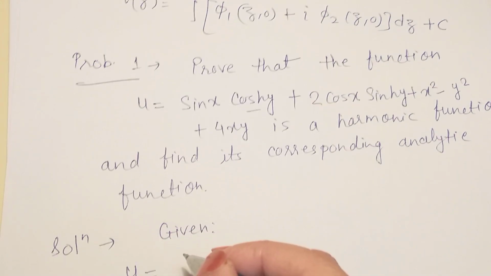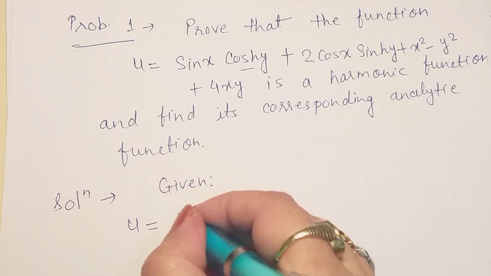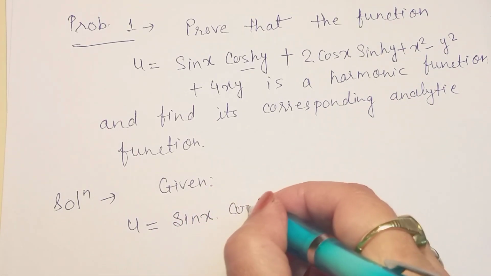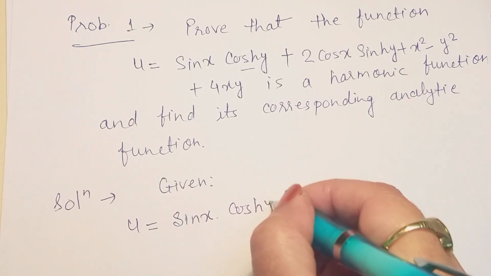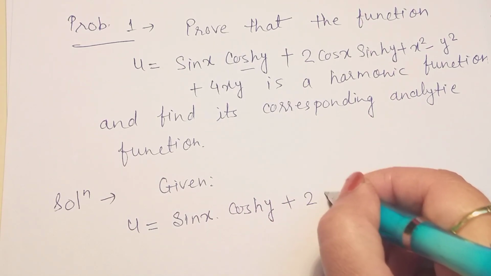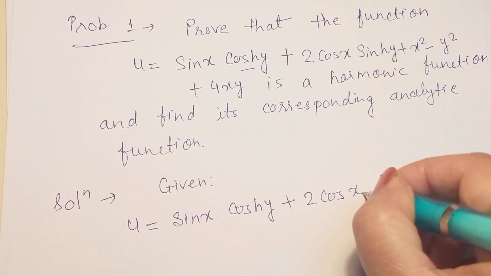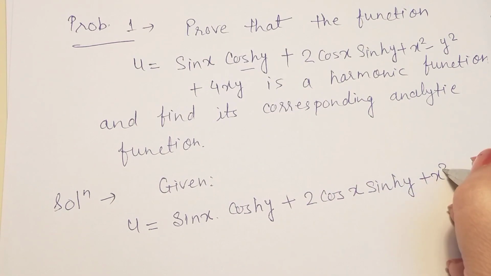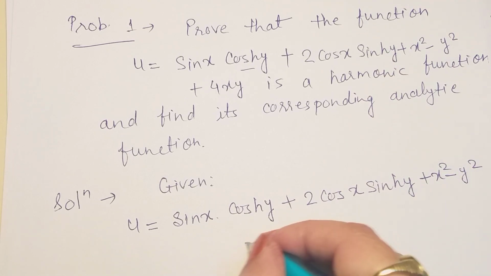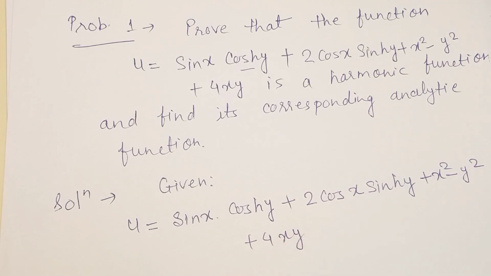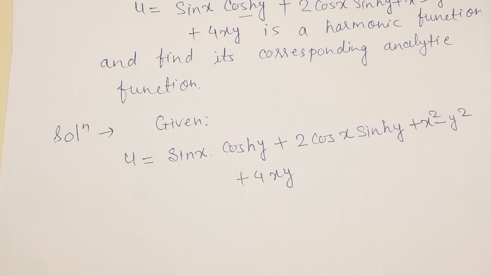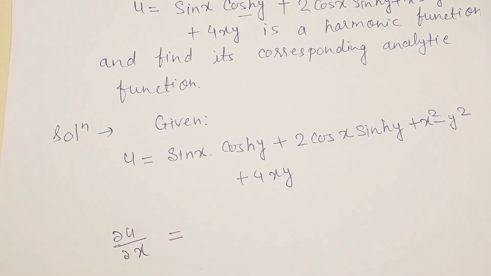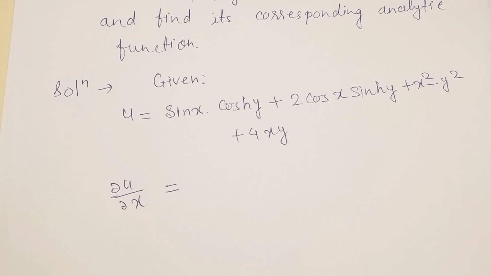Given u is equal to sin x cos hy plus twice of cos x sin hy plus x square minus y square plus 4xy. Now we differentiate this function partially with respect to x, del u by del x.